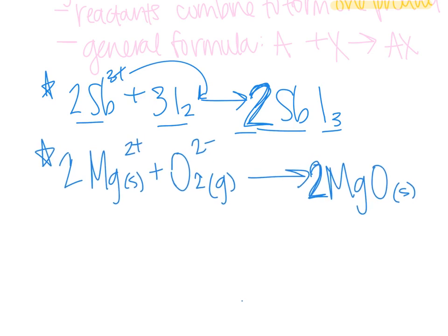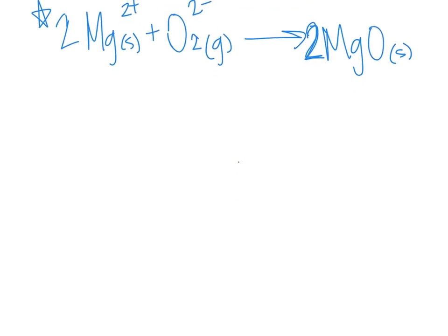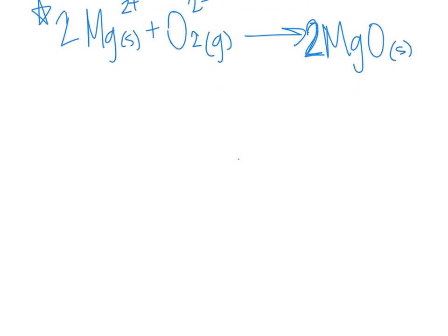So our next type of reaction that we will talk about is a decomposition reaction. So in a decomposition reaction, like if you talk about something decomposing, like an organic once living thing, if something is decomposing, it's basically getting broken down.